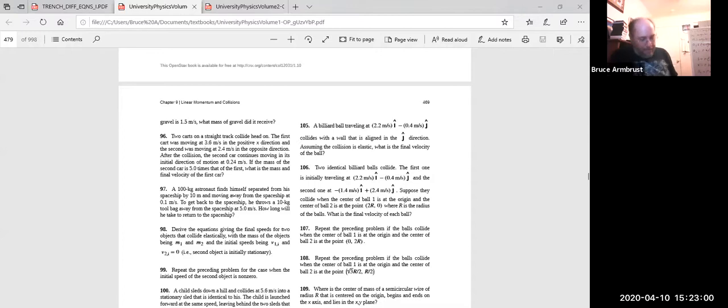So this one is basically going to be a conservation of momentum kind of question, right? We don't know what kind of collisions we have, so we can't assume that the kinetic energies are the same, but we do know that conservation of momentum has to occur, right? So we want to figure out the final velocity of each of the balls.